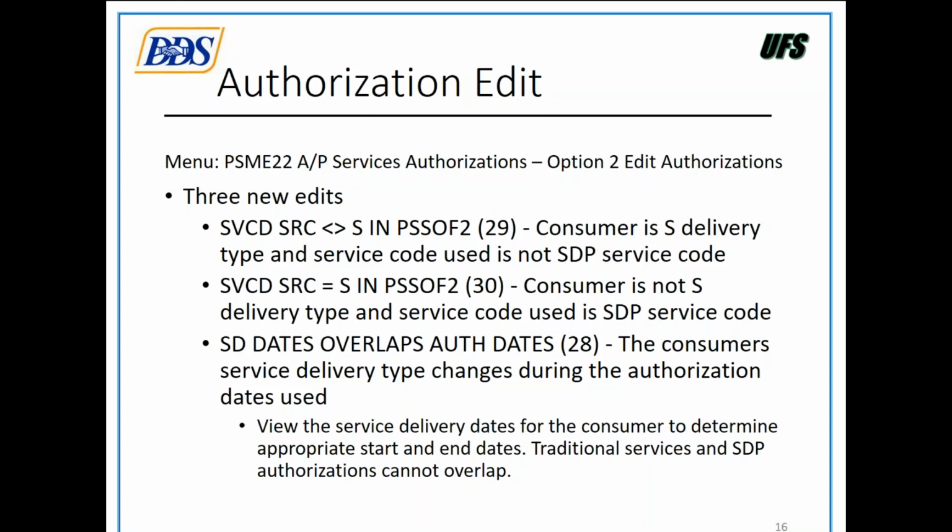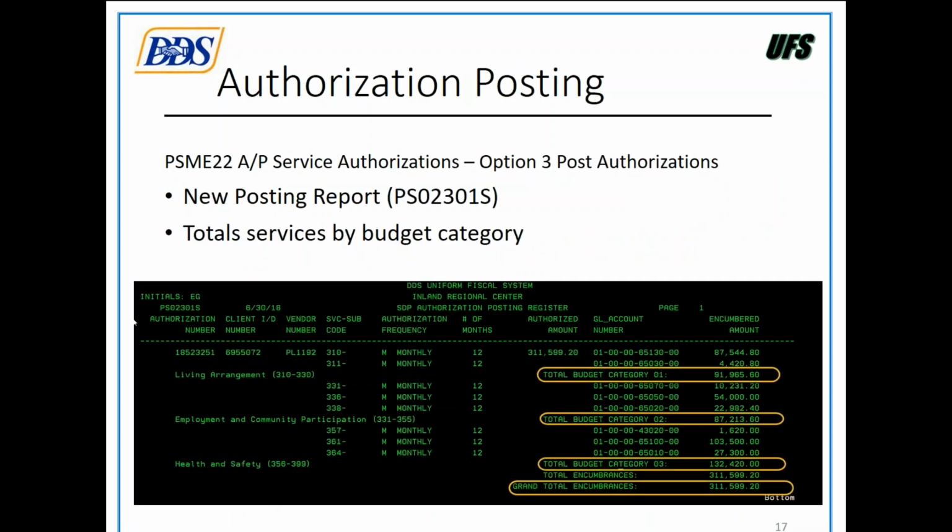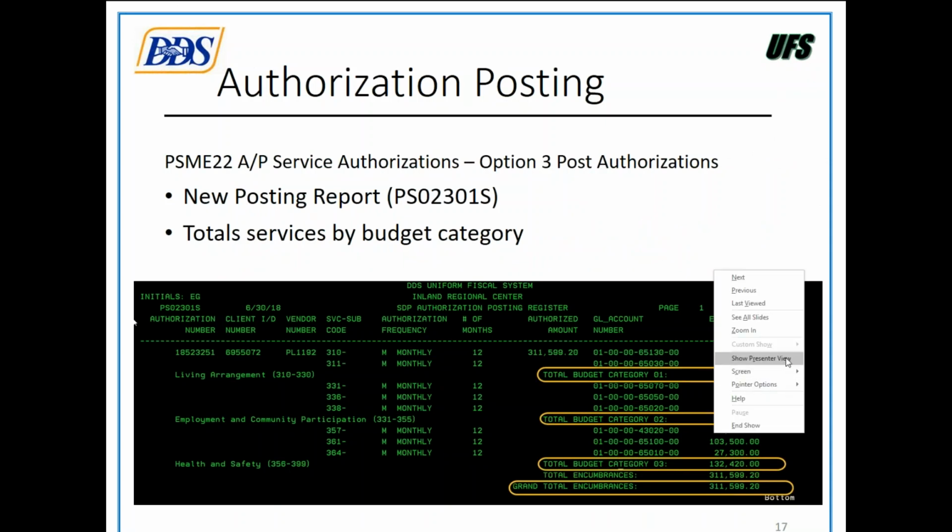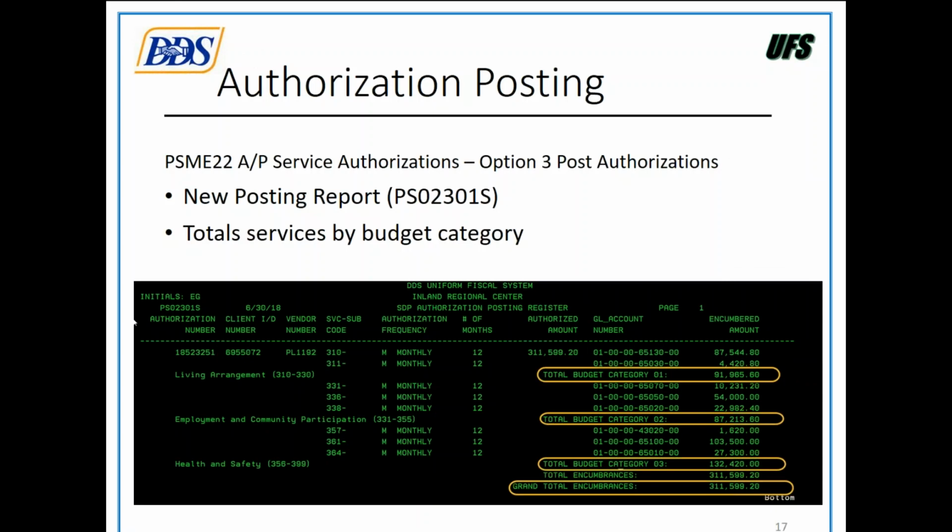Any other questions? Okay, so the last thing we want to show you is what we did with the report for posting authorizations. So again, this is all your normal auth processes. When you post, a new report's going to generate, if there's SDP authorizations there, and it has been set up so that it will total by budget category.